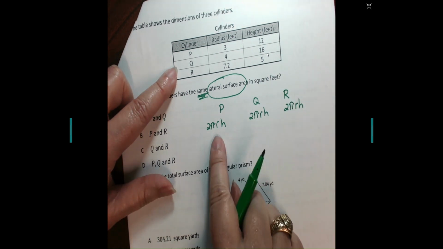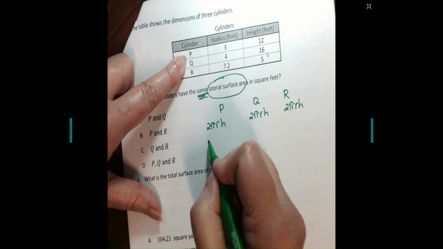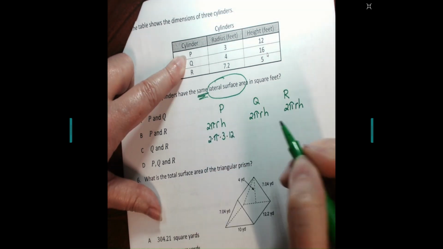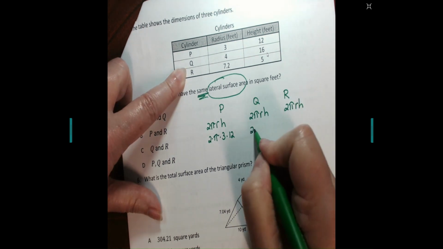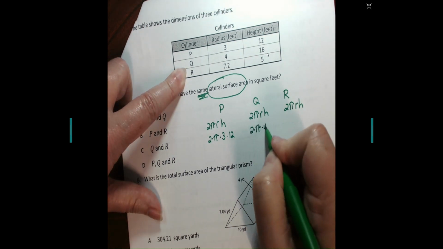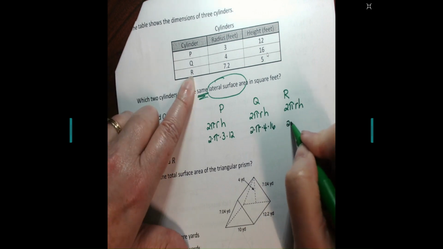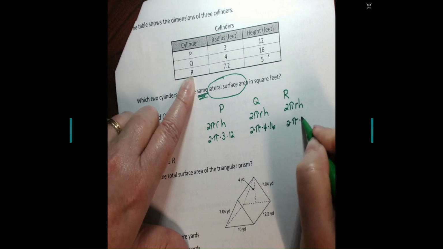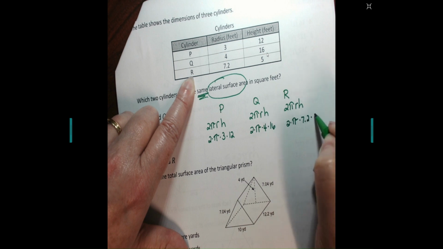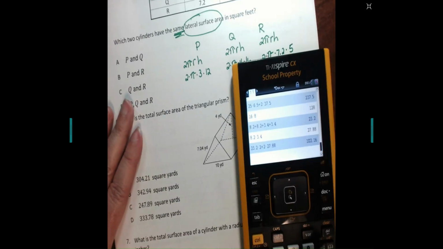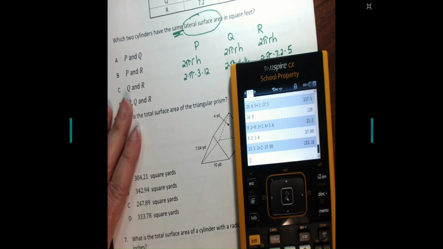For P, I've got a radius of 3 and a height of 12. For Q, I have a radius of 4 and a height of 16. And for R, I have a radius of 7.2 and a height of 5. So there's all 3 formulas filled out. Now we just need to figure out what they're equal to.